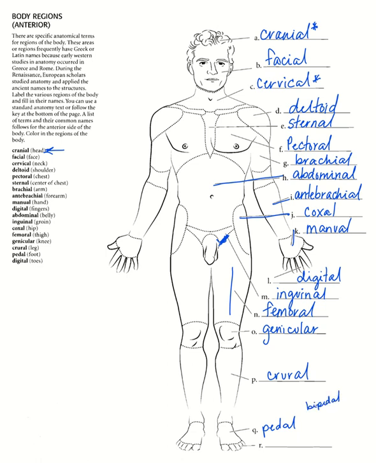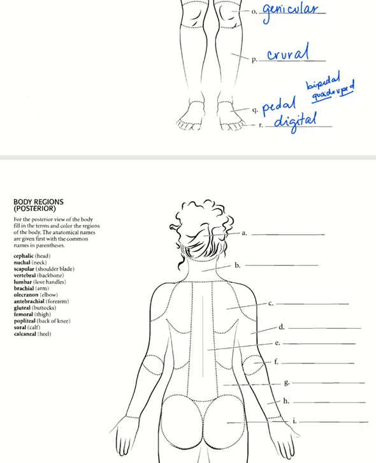Bipedal means we have two feet, we walk on two feet, whereas quadruped, quad, means four feet. And then lastly, your toes are also digital. All right. We've talked about the anterior view, so let's talk about the posterior view.